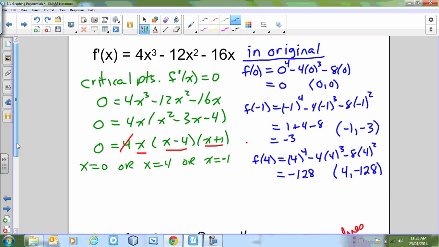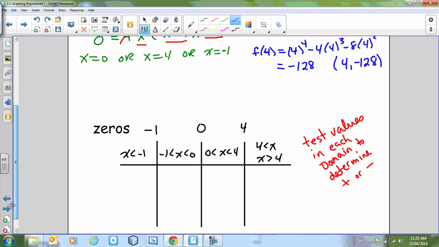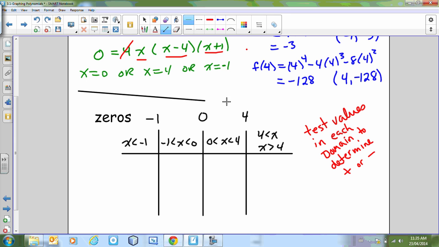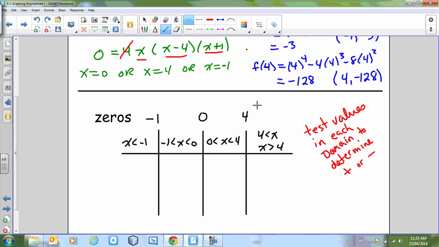So last thing then, we need to establish whether those are maximums or minimums. Once I know where those zeros are, -1, 0, and 4 in this case, I need to basically establish what's going to happen in front and behind each of those.